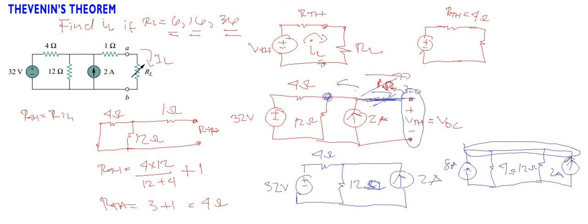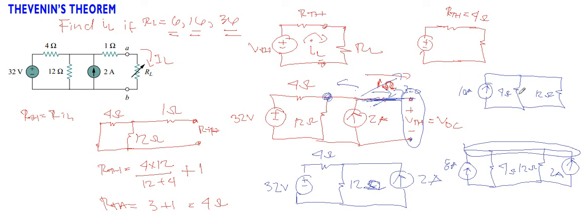But if they were in different directions, it would be subtractive. So we add them, and it becomes 10 ampere entering this branch. So we have 10 ampere, 4 ohms, and 12 ohms. Now, we can use current division.